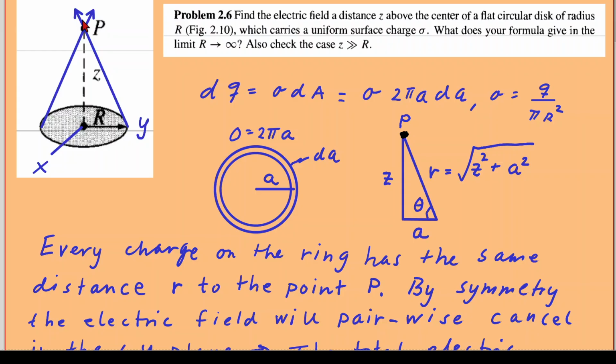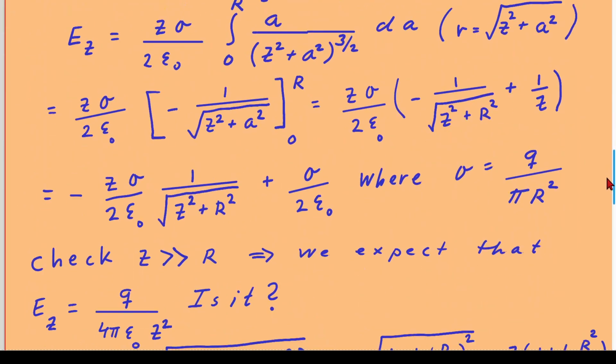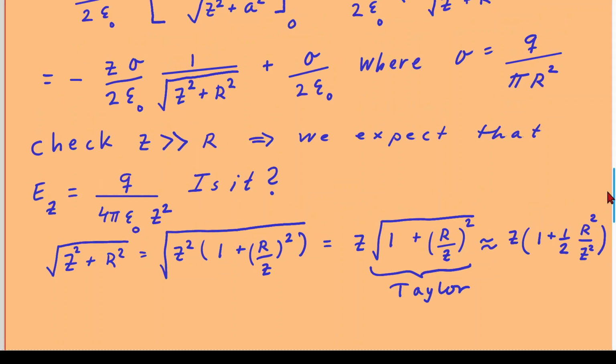If this point is almost at an infinite distance, the plate will look like a point charge, right? So then Coulomb's law should say immediately that the total charge of the plate looks like a point charge, and divided by 4π epsilon naught, and the distance then is C squared.